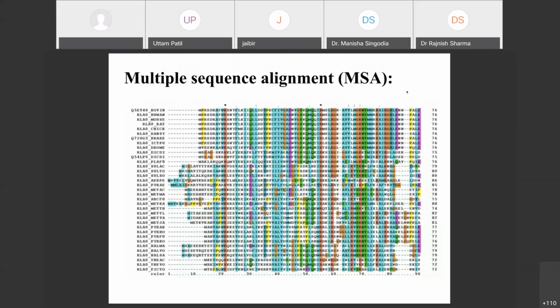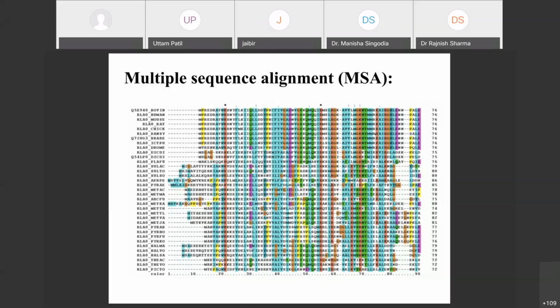It tells you that perhaps these residues are functionally very important because they are conserved in 100% of the sequences. So that gives you a very good idea about the importance of the residues and importance of the regions as well.